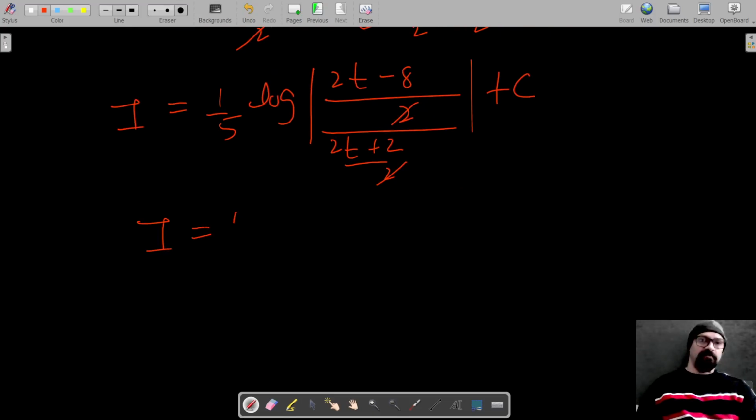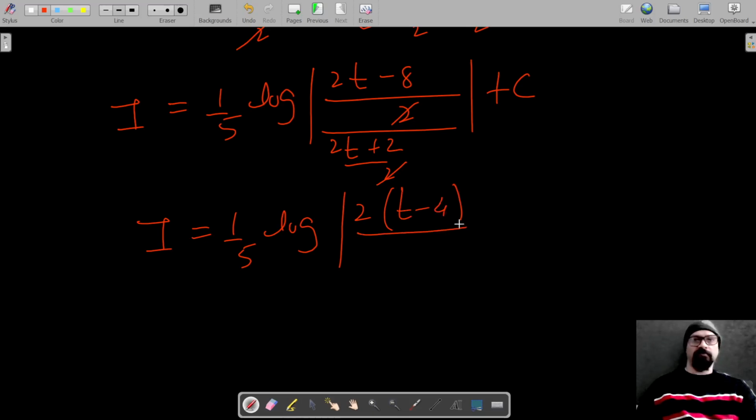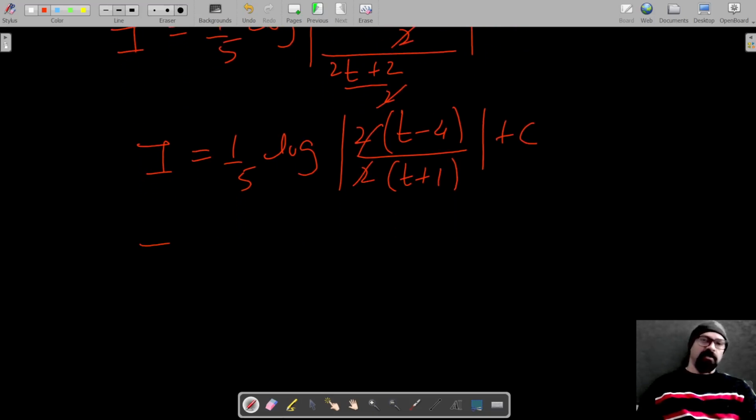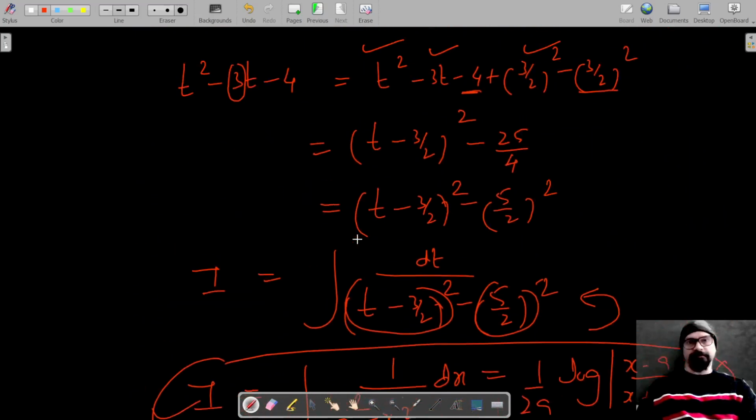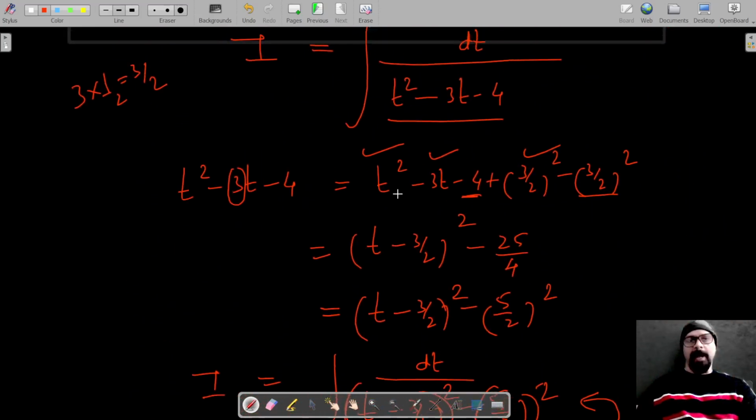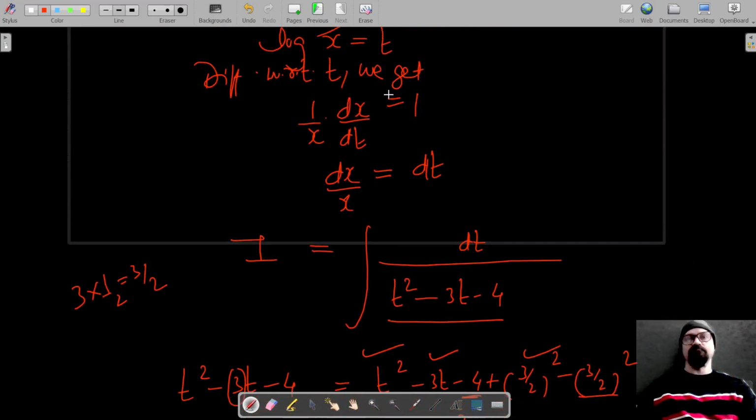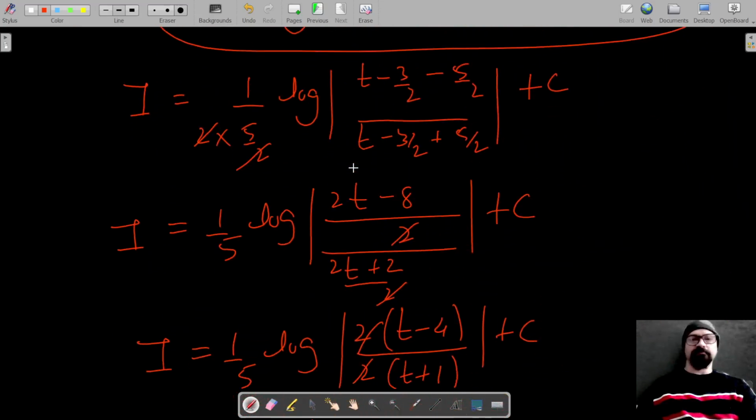So I is equal to 1 by 5 log of, 2 is common, so this is t minus 4 upon t plus 1 plus c, and finally let's resubstitute the value of t, and t was log x.